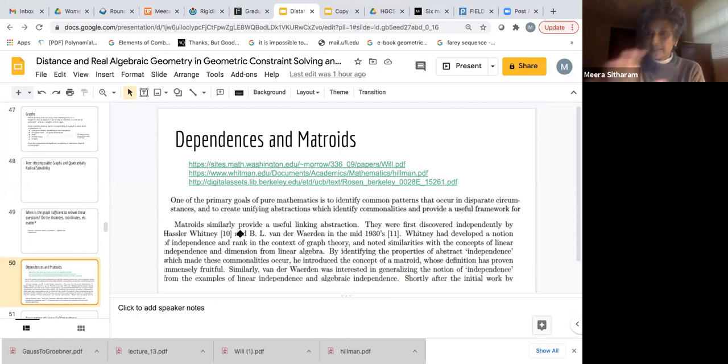All three of these types of dependences that I just mentioned, a dependence in the graph, dependence of the polynomials on the other polynomials, and dependence of a distance on the other distances, are a common notion of dependence that has been captured by objects called matroids.